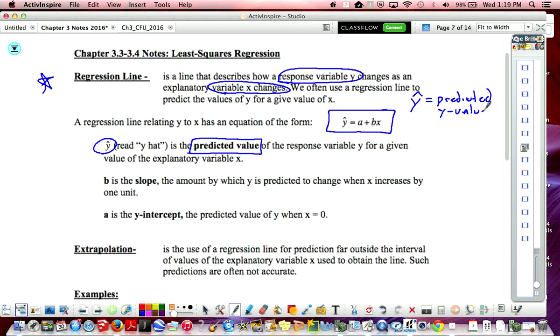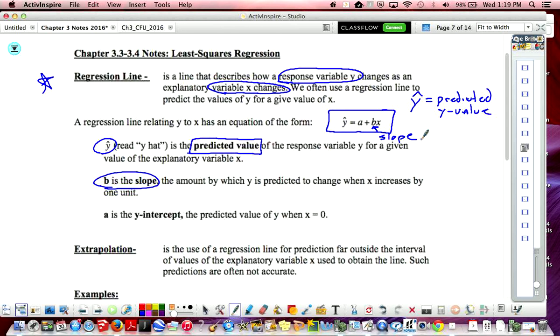It's very important to decipher y hat, because later on we'll talk about what we call our observed y, and that's just the plain old y. Then we have our slope. That's the b value right here. Back in our algebra 2 days, we've been dealing with slope.